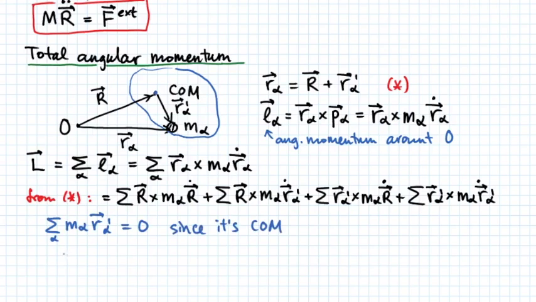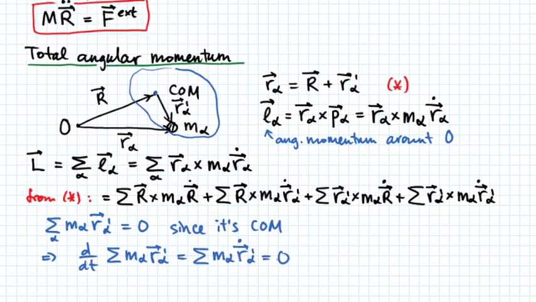If we differentiate this expression with respect to time, we're going to get that the sum of m alpha times r alpha prime dot is also equal to 0. Therefore, we note that the second term gives us 0 because we can factor out R, and likewise the third term is also going to be 0 because here we can factor out R dot, and the sum of m alpha r alpha prime will be 0.